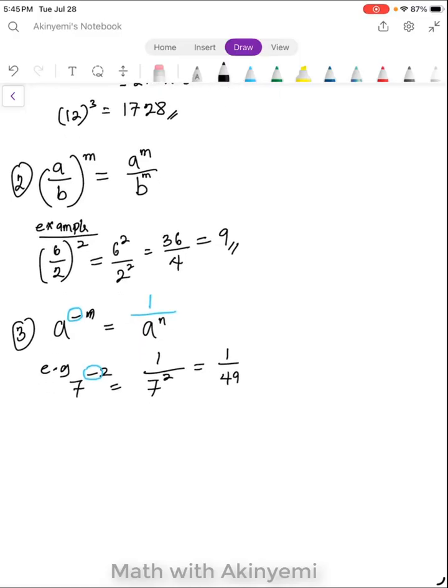So another example, another rule is that a raised to power m over n is the same thing as saying the nth root of a raised to power m, or saying the nth root of a, raised to power m.